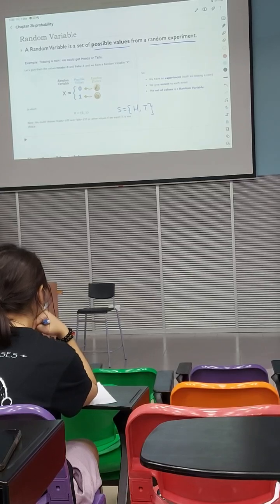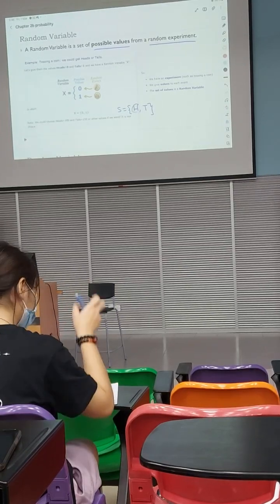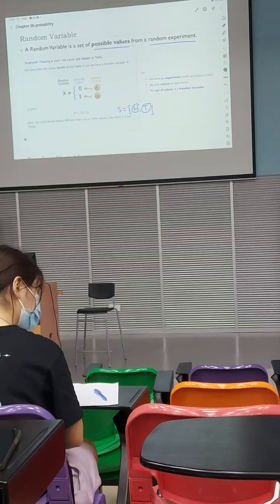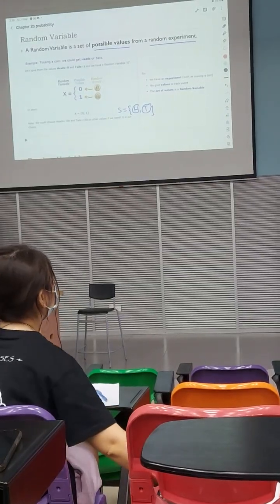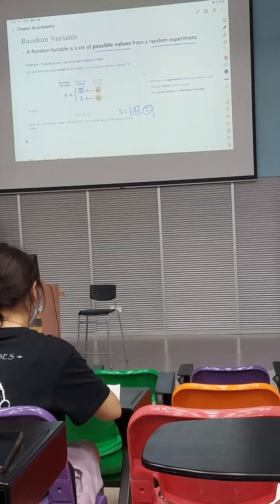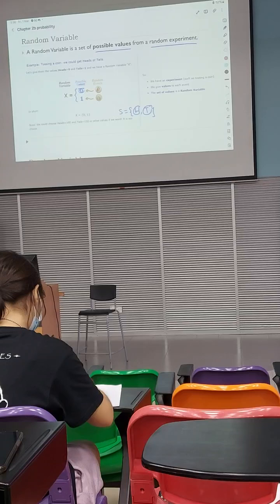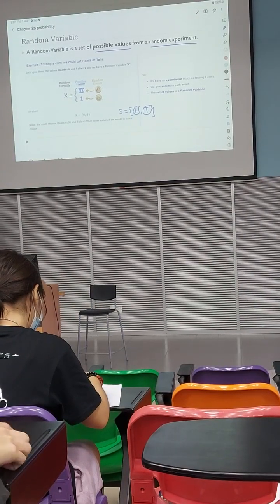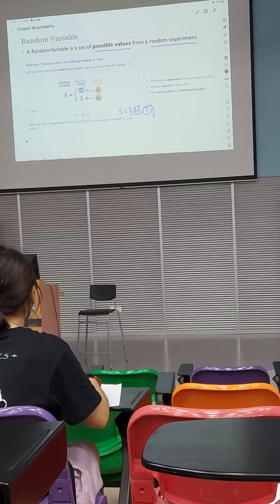So this head or tail is the random variable, or it can be denoted by the possible values 0 and 1. You can use 0 to represent head and 1 to represent tail, or the other way round. That set of values is called a random variable. That is the meaning.